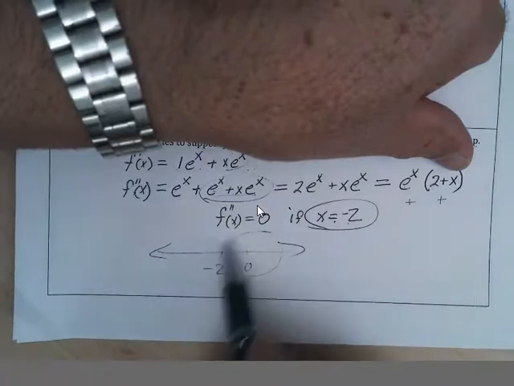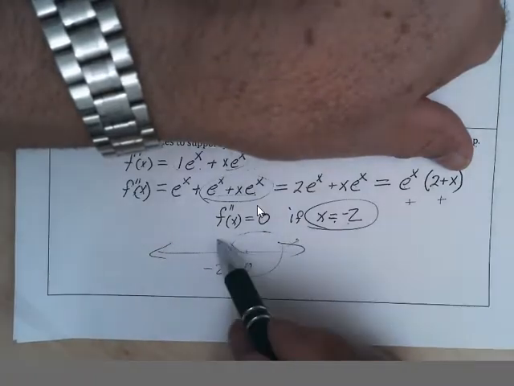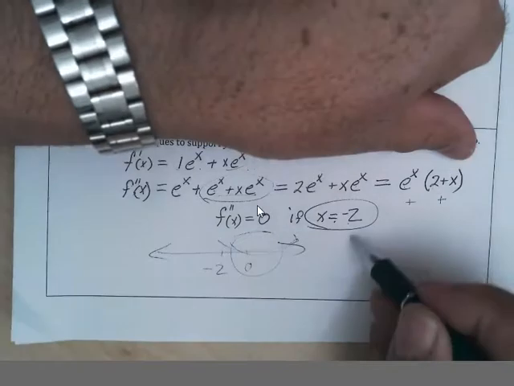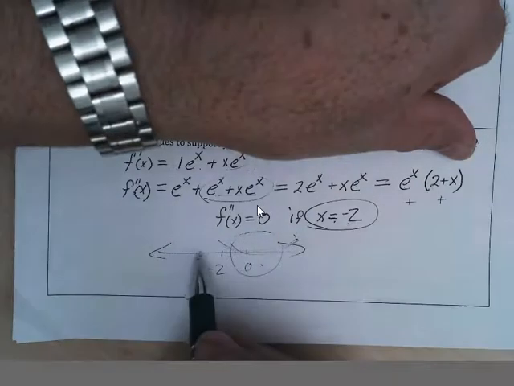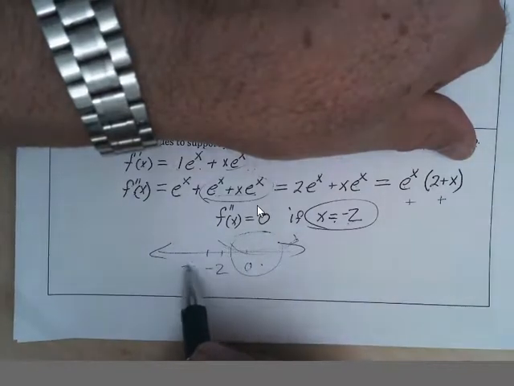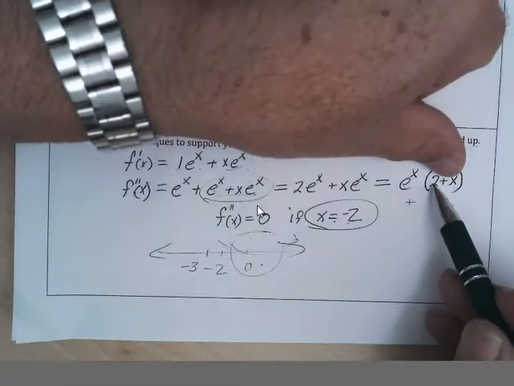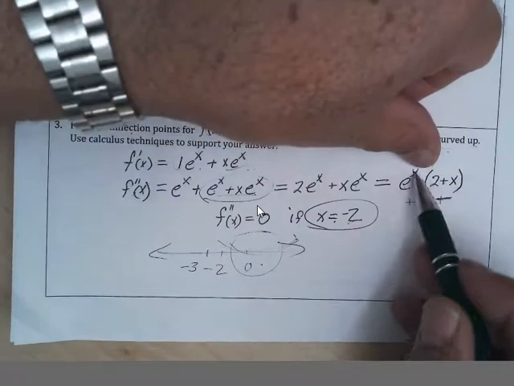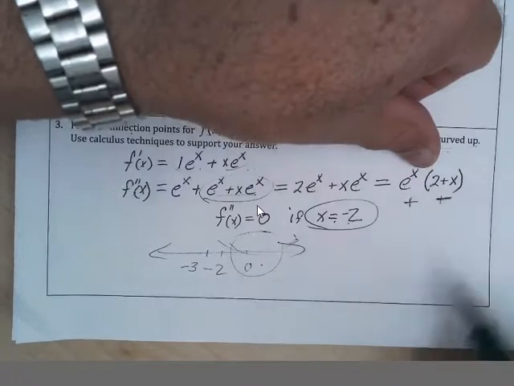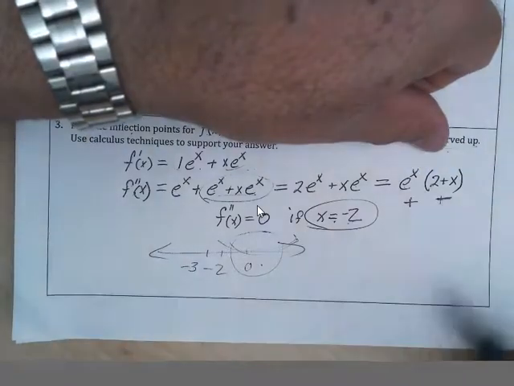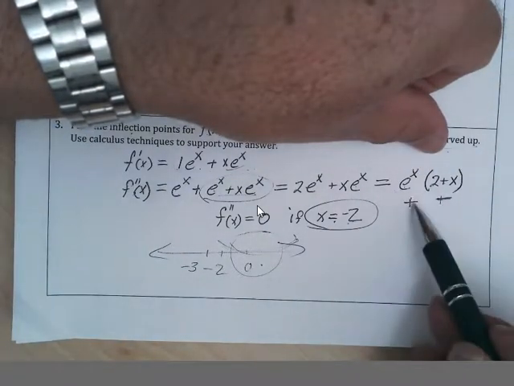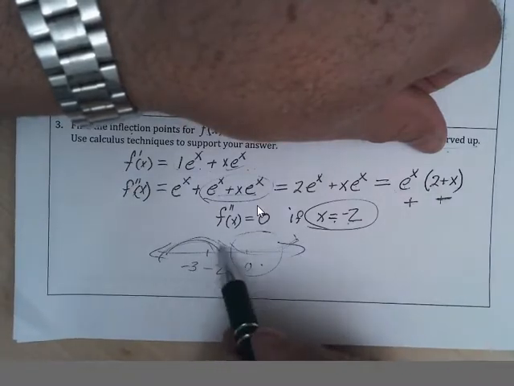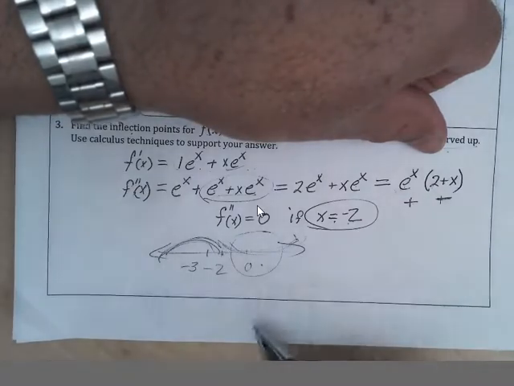And so over here it's positive, so it's curved up on this side, above -2. And below -2, just to show you, I could do -3. 2 plus -3 would be negative, and e to the -3 is still positive, because e to the x is always positive. So that would be negative, so it's curved down here. It changes at -2 from curved down to curved up.